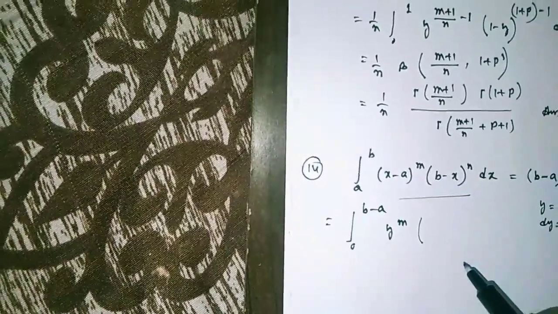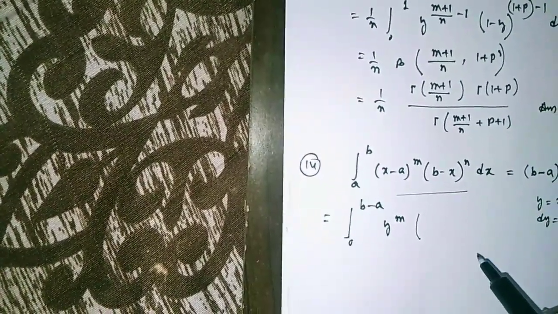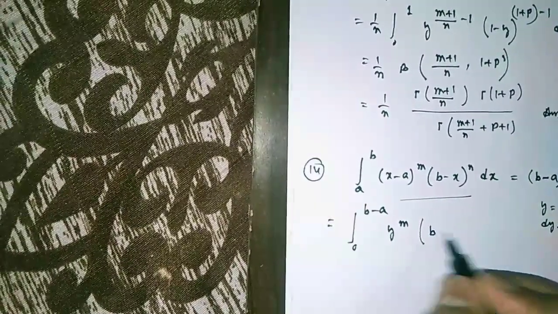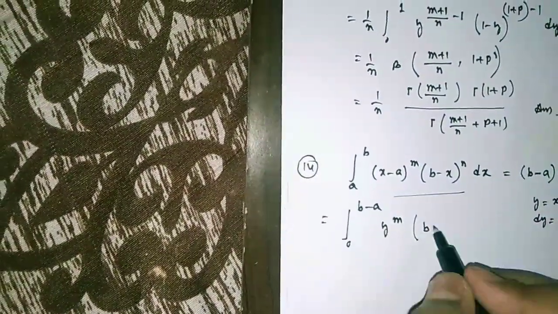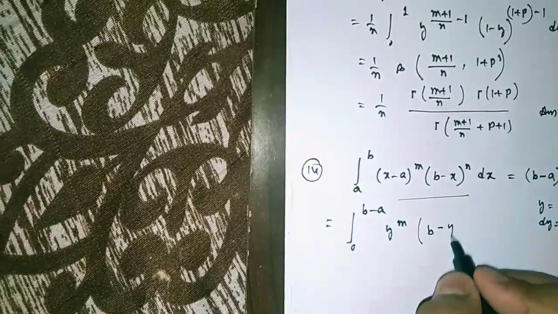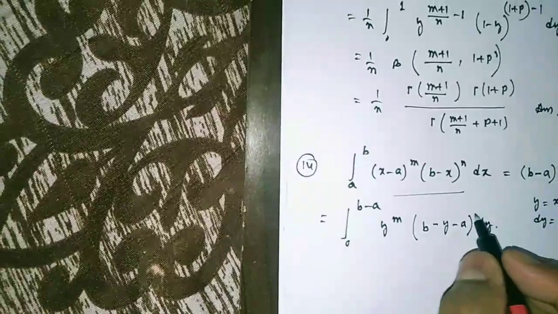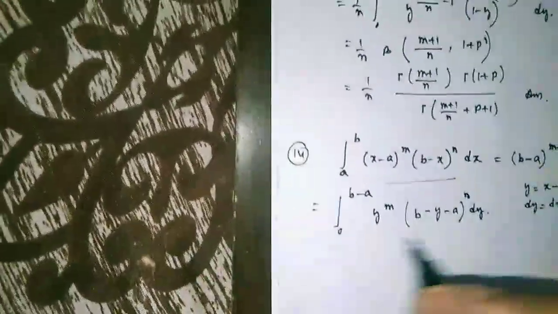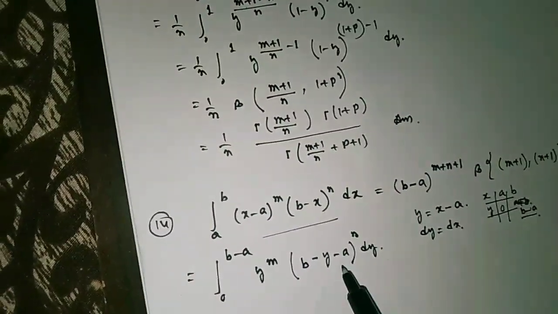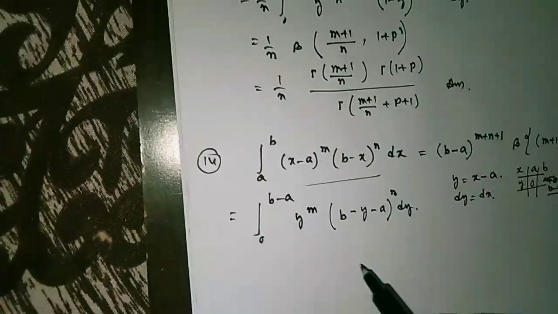So x equal to y plus a, so b minus x equal to b minus y minus a, dx equal to dy. Okay, whole to the power n. Okay, very fine. Now y to the power m, (b minus a minus y) whole to the power n dy. Okay, now I will divide this whole term by b minus a.